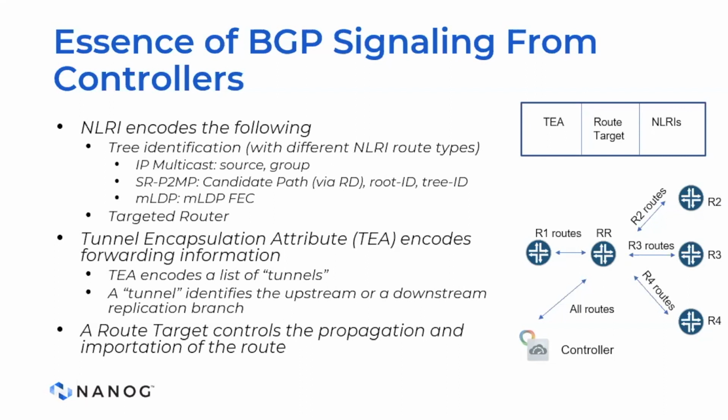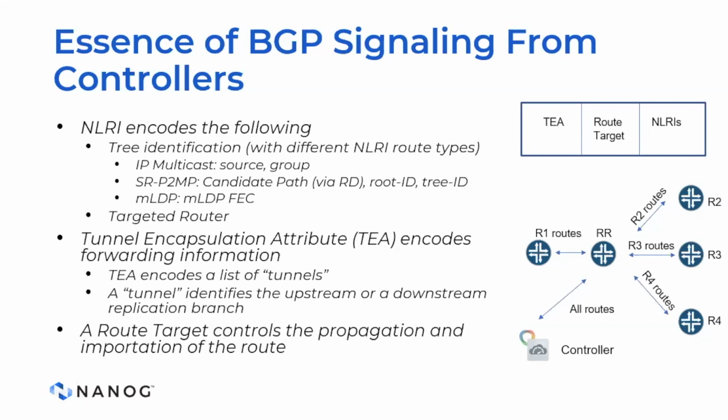Let's say R1 is a node on the tree, then the controller will send a route towards R1. That route will encode the tree identification and also encodes R1's identification, because that particular route is for R1 only, specifying the forwarding information on R1 for that multicast tree.